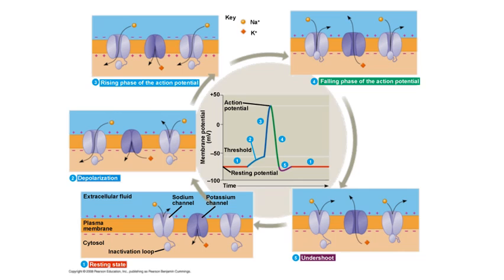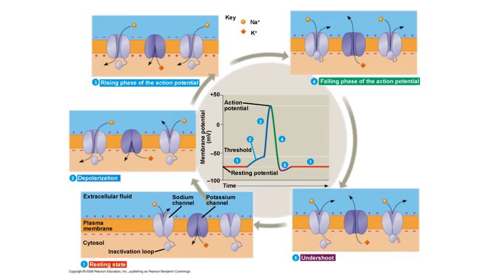Number 2, at depolarization, sodium is rushing in, causing the membrane potential to become positive and causing the action potential. Potassium is not quite rushing out of the cell yet, and this continues to happen in the rising phase of the action potential.